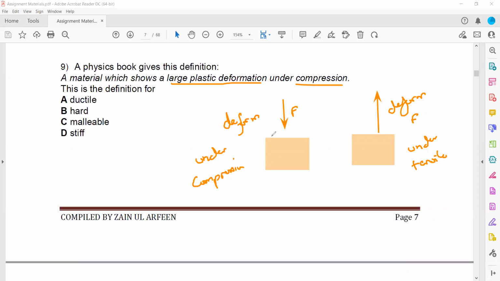If an object can, like hammer, deform under compression, we call that malleable. Can be hammered into shape. And ductile means can be drawn or stretched into wire. So ductile materials are used to make wire, and malleable materials are used to make sheet. So here it's option C, an object is a ductile material.